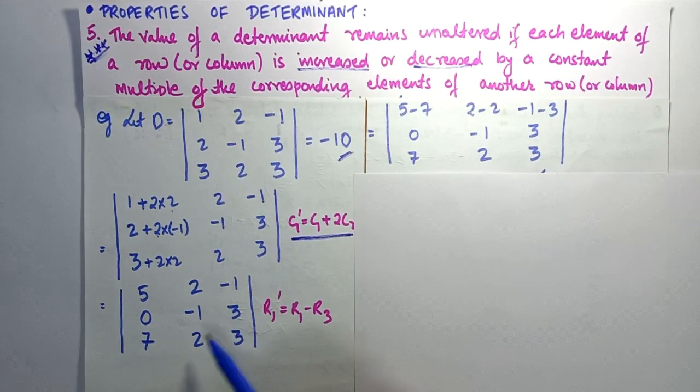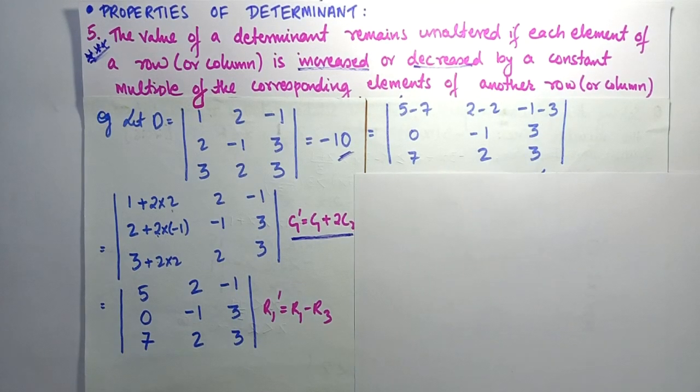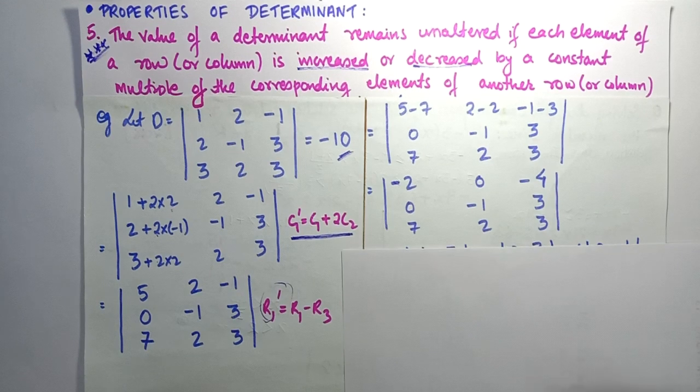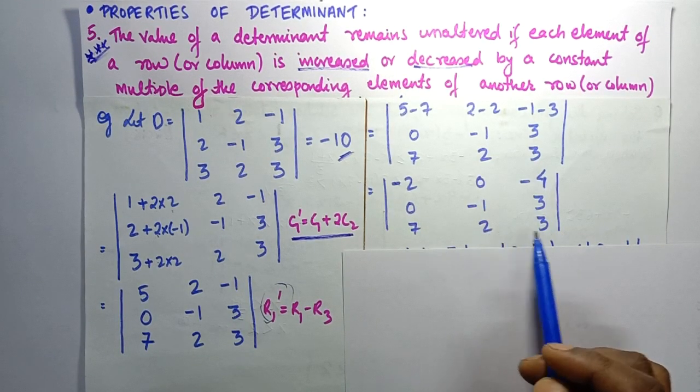Now 2 minus 2, 2 minus 2, minus 3 minus 1 minus 3. Hope you got it. So r2 and r3 will be as it is. Whatever you are changing, r1 dash, that only will change. Now what I'll get, minus 2 0 minus 4, 0 minus 1 3, 7 2 3.